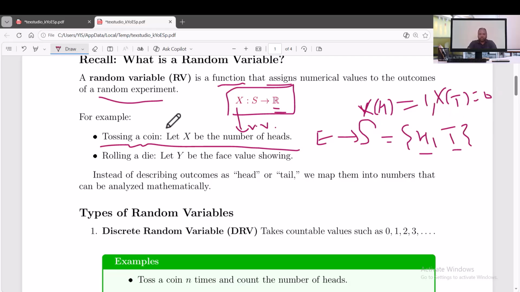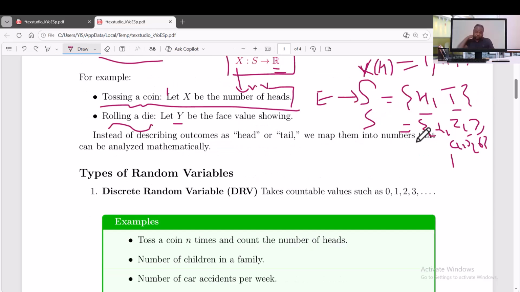Based on this definition, X is the number of heads. Now, these actual outcomes generated from the random experiment of tossing a coin are mapped into two numbers respectively, 0 and 1. So these zeros and ones are numeric values. The purpose of mapping the actual outcomes into real numbers is to describe the random variable under investigation mathematically.